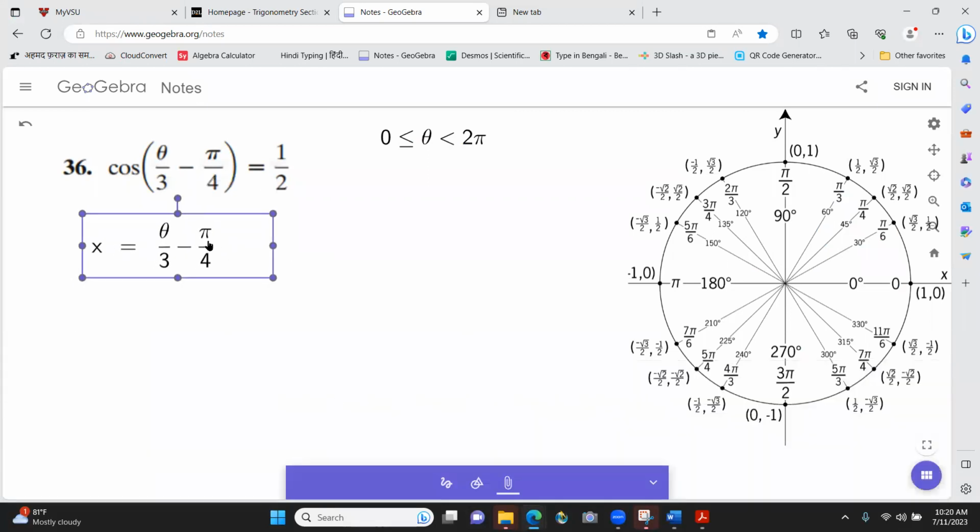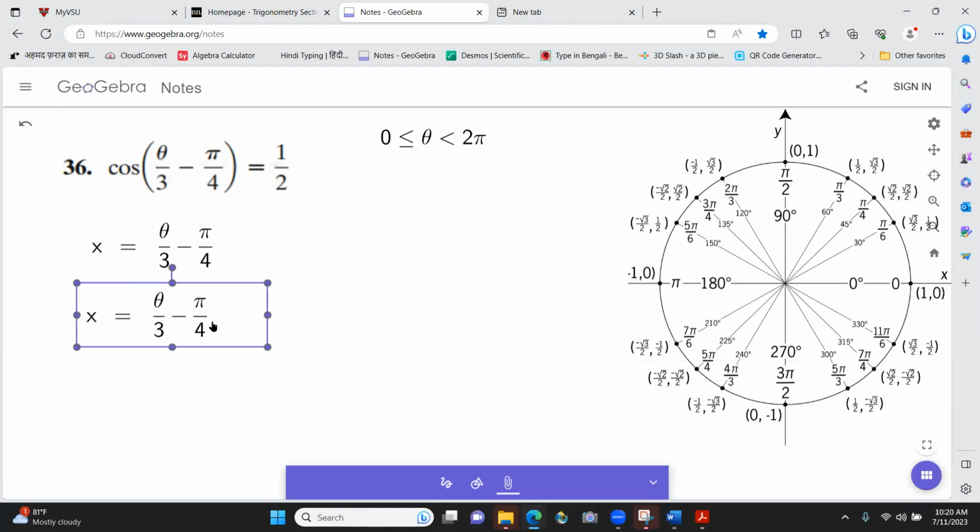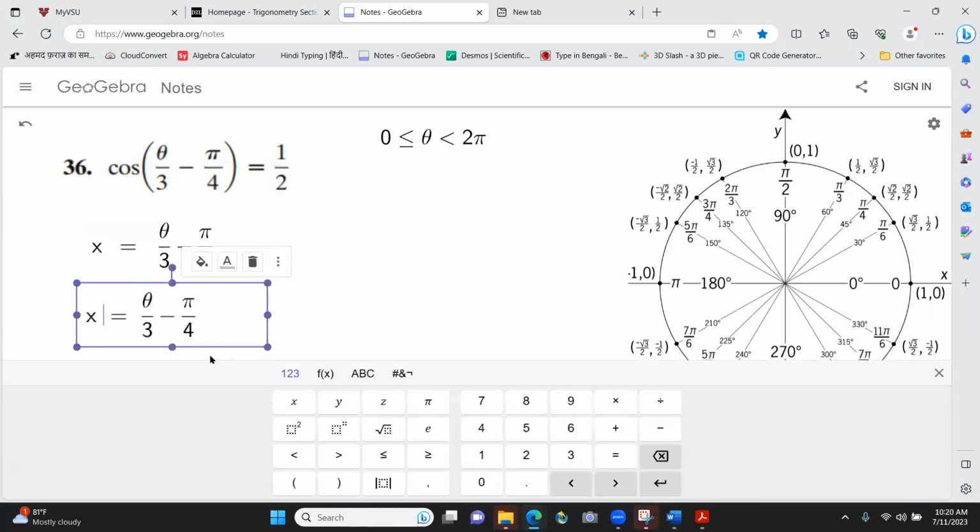Using this relationship, I want to express theta in terms of x, which is not that difficult. I'm going to add pi over 4 to both sides, and this will be gone, right? Then I'm going to multiply both sides by 3. That's going to give me this guy, 3 and 3. So theta turns out to be this.